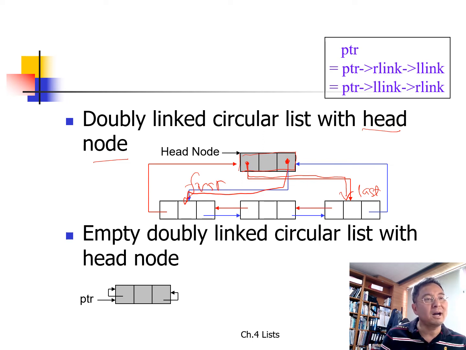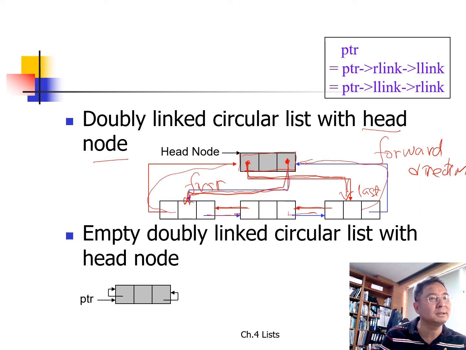If we follow the blue line, it is this one, and this one, and this one, and returns to the header node. This is the forward direction. And if we follow the red line from the last, and this one, going back to the header node, this is the backward direction.